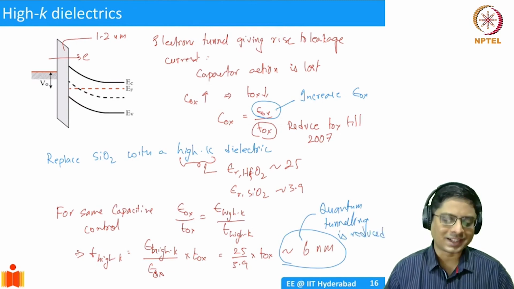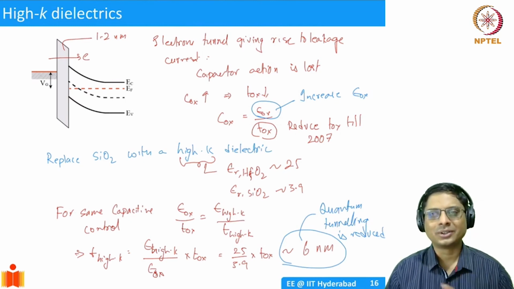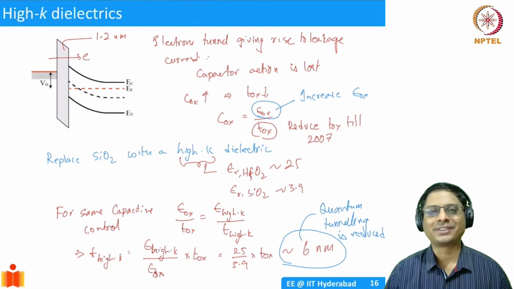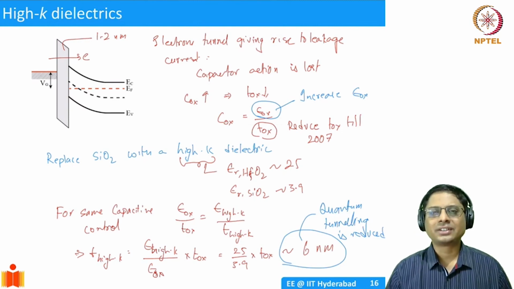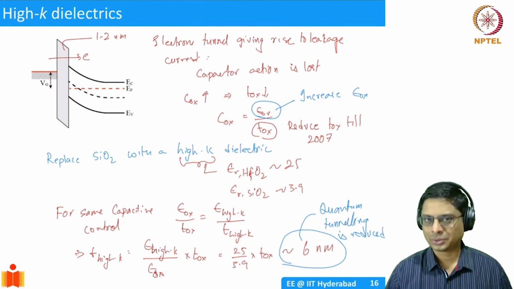But it's not that simple, because at the beginning of MOS devices I mentioned that one of the great features of the silicon dioxide system was that the quality of the interface was very good, with very, very few defects. But the moment you use hafnium dioxide, or a few other classes of high K dielectrics, the interface quality turns out to be not so good.